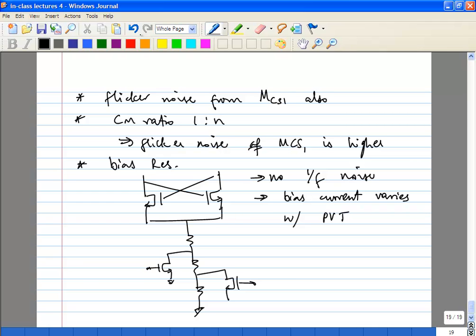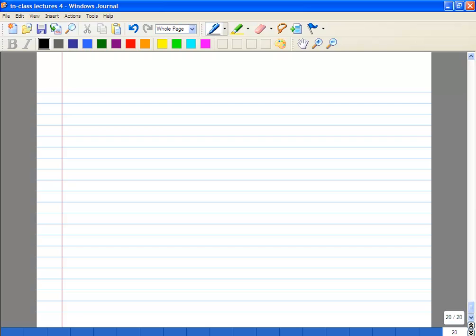Whereas if you had a current source, naturally the output impedance is high, so you would have some rejection. In this case, you would have no rejection at all. People have done this, but it's not the preferred solution.